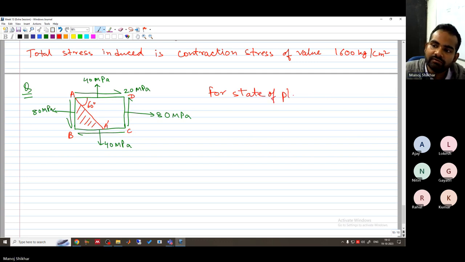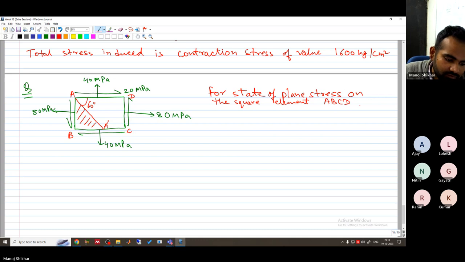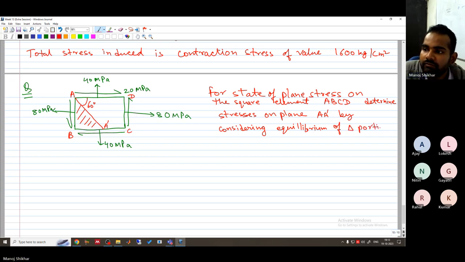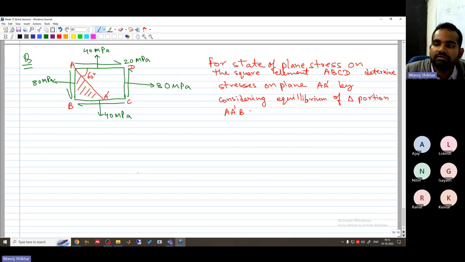For a state of plane stress on the square element ABCD, determine stresses on plane A bar B by considering equilibrium of triangle portion A bar B. Okay. So in this question, let's start.